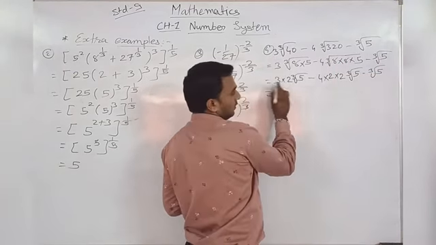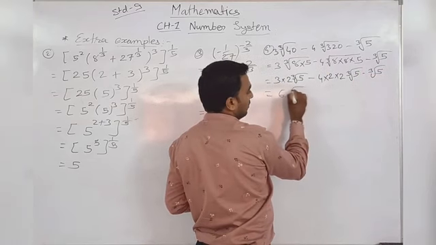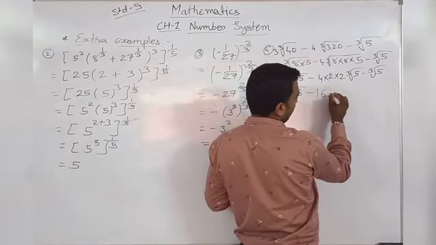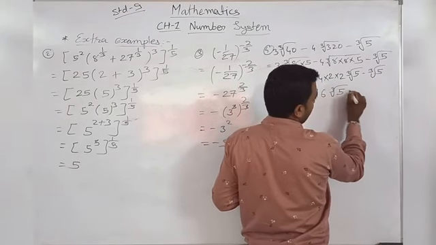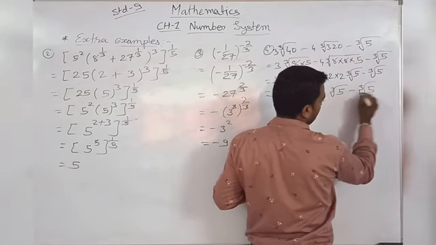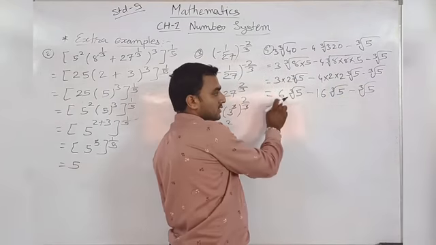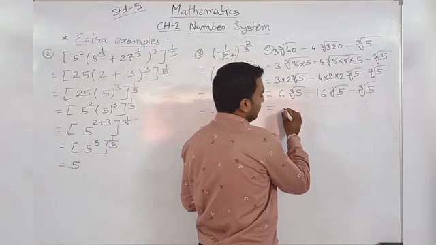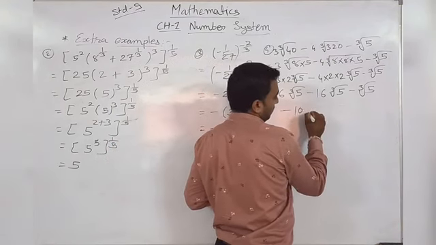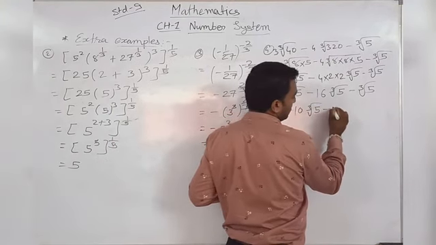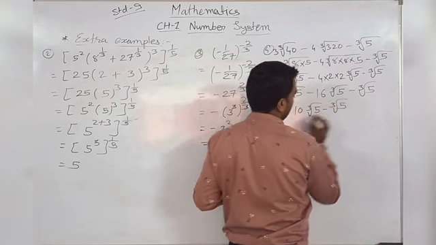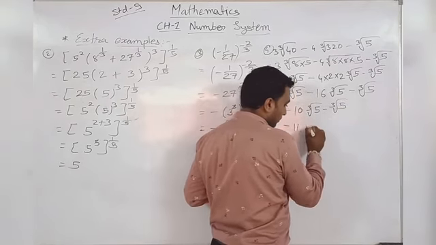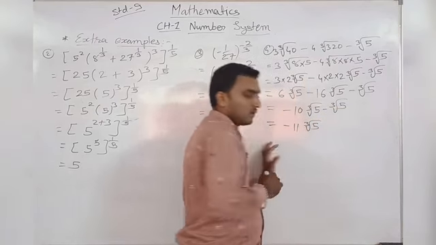So here 3 times 2 is 6, cube root of 5, minus 4 times 2 is 8, times 2 is 16, cube root of 5, minus cube root of 5. Again here this is 6, this is minus, this is plus, this is minus, so this is 10 cube root 5 minus cube root 5. These both are minus terms, so we do the addition, so minus 11 cube root 5. This is your answer. Clear?